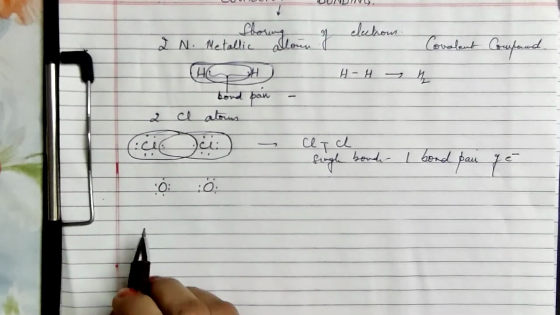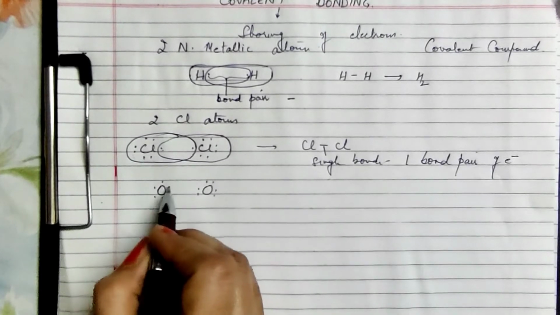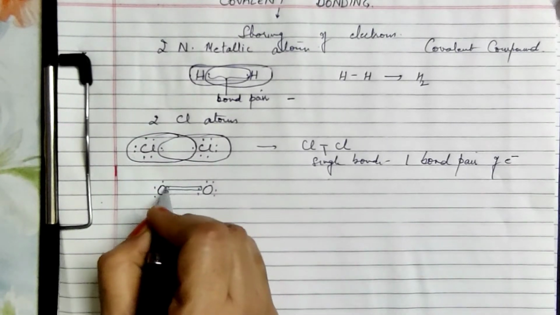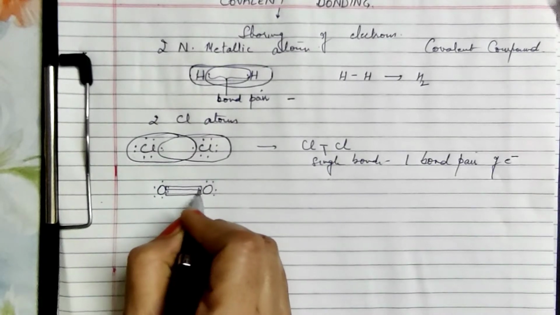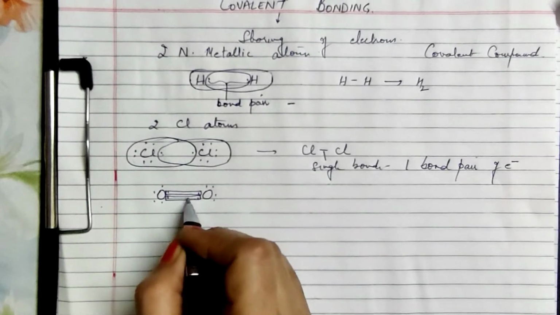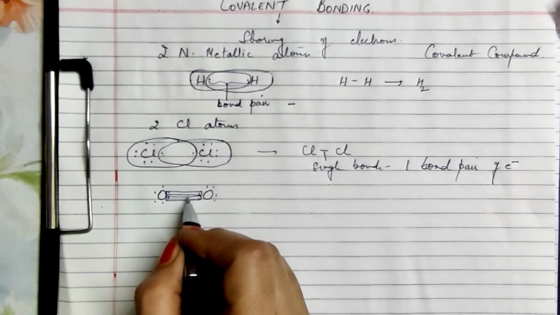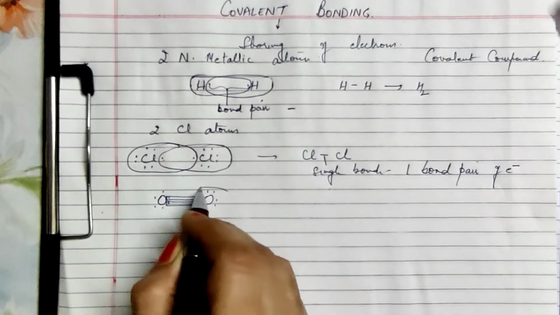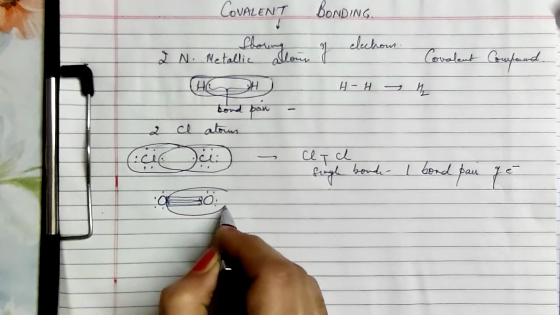So ionic bond is not possible. In order to complete the octet, these two electrons will be shared, and this pair of electrons will be shared. This results in the formation of a double bond, or there are two bond pairs, and this oxygen becomes stable.